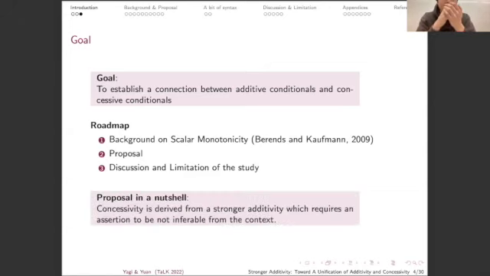Here's the proposal in an informal way. We propose that concessivity is derived from a strong additivity, which requires an assertion to be not inferable from the context. In a fairly informal way, we want to say something like this.